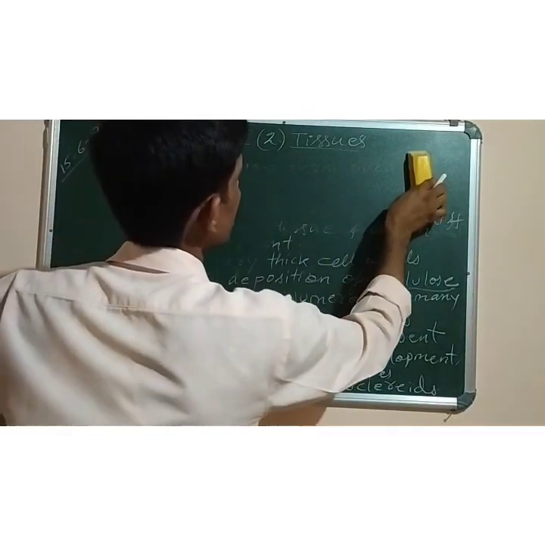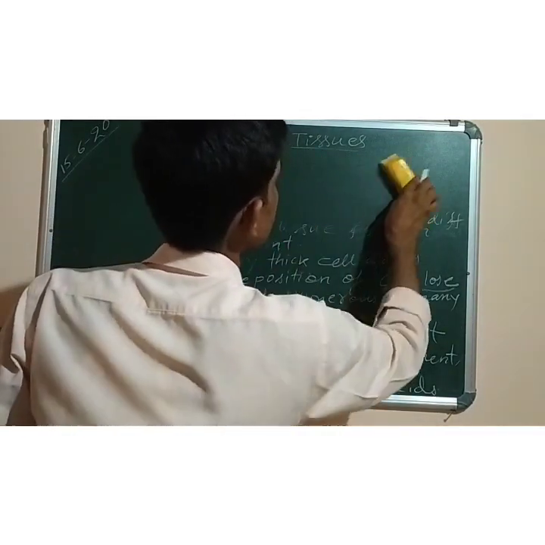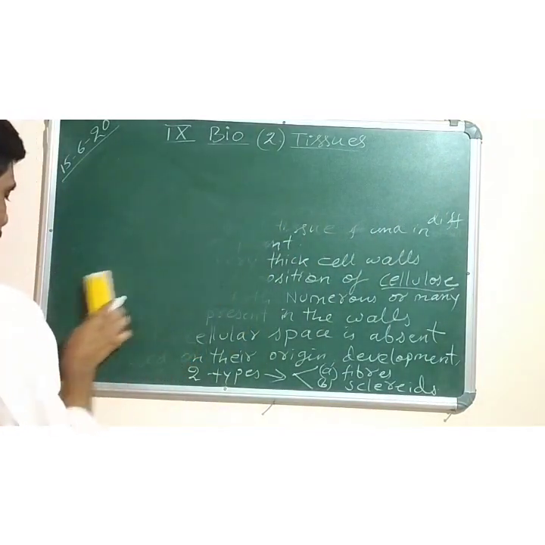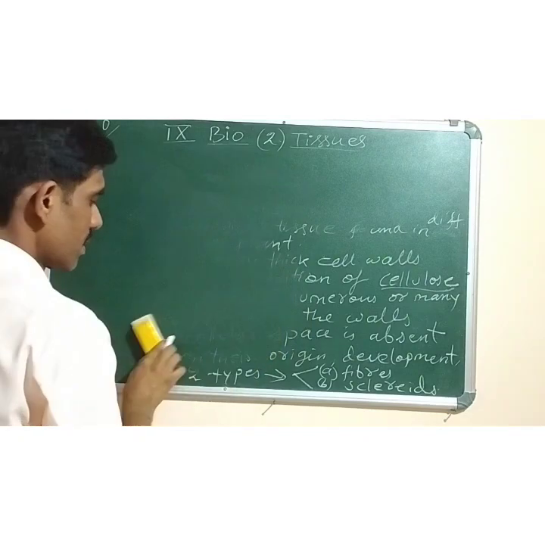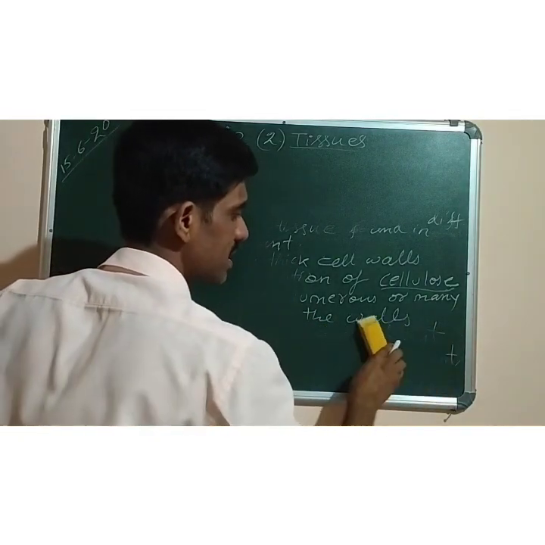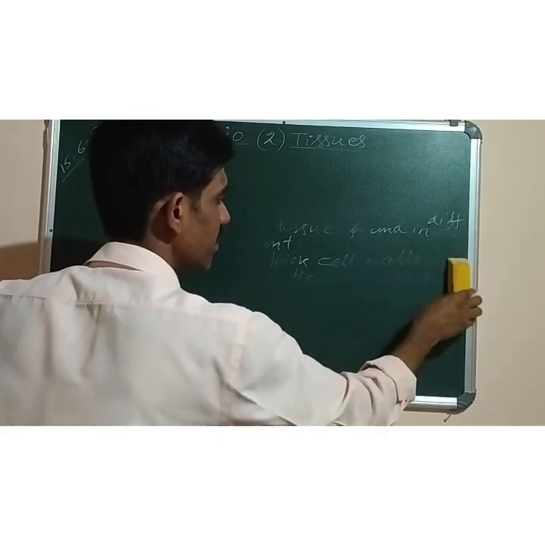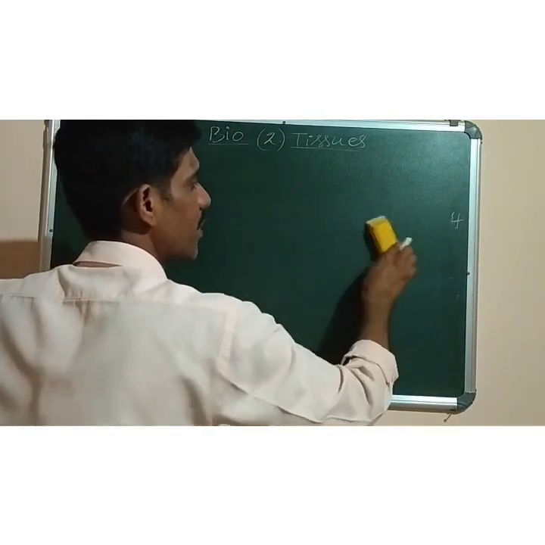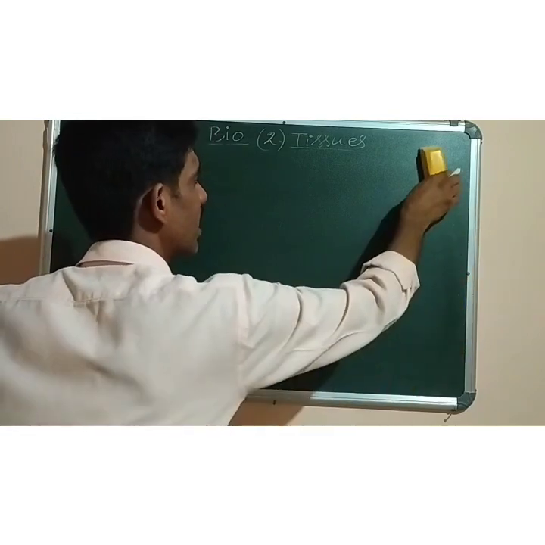The two types of sclerenchyma tissue are fibers and sclerites. Now I will say some points about the fibers. Commercially, we see different types of plant fibers like jute, hemp, flax. Now what are these fibers made up of? They are made up of sclerenchyma tissue only.